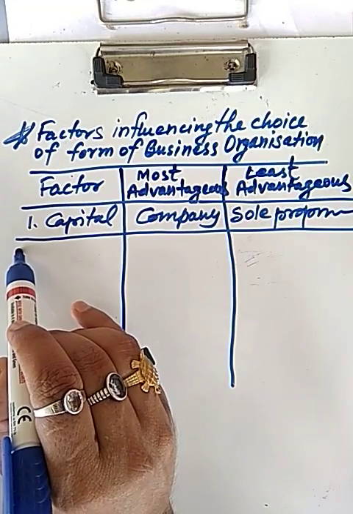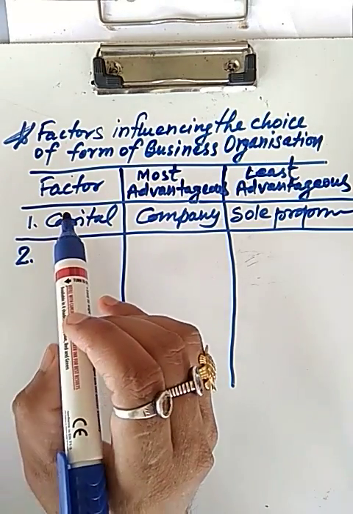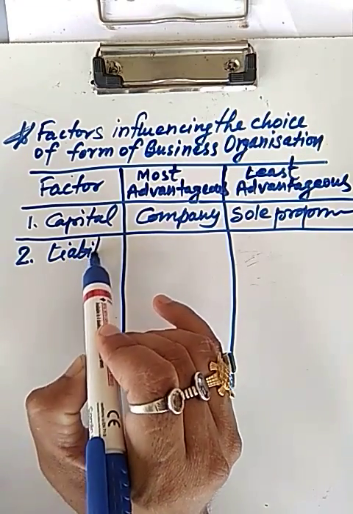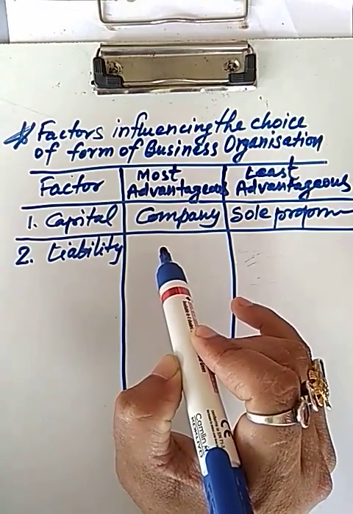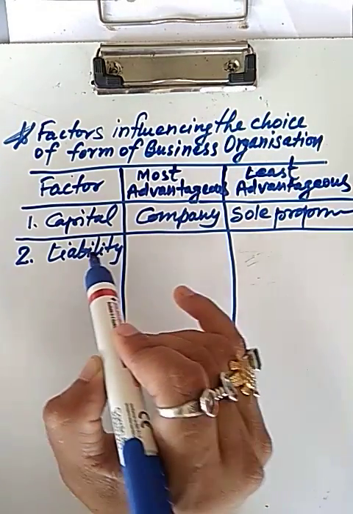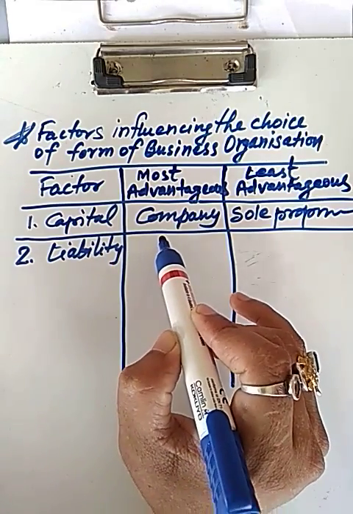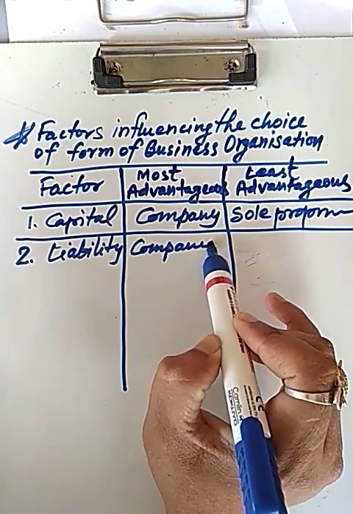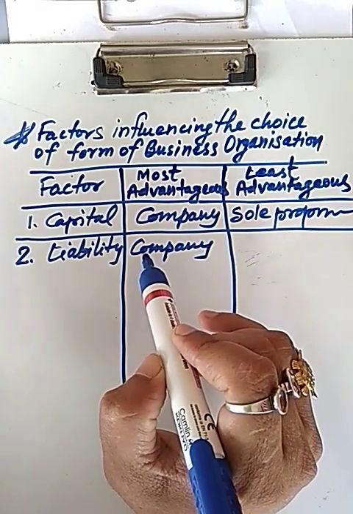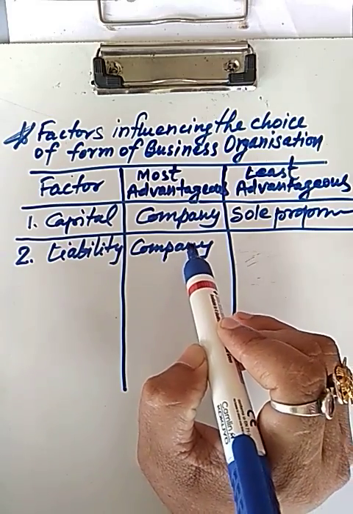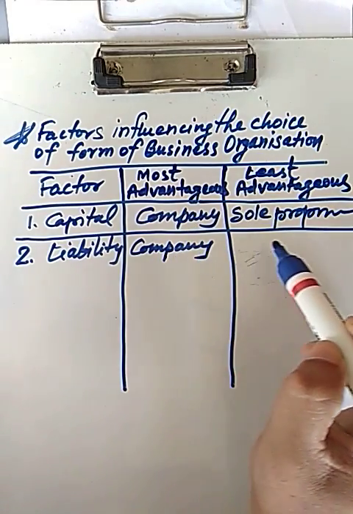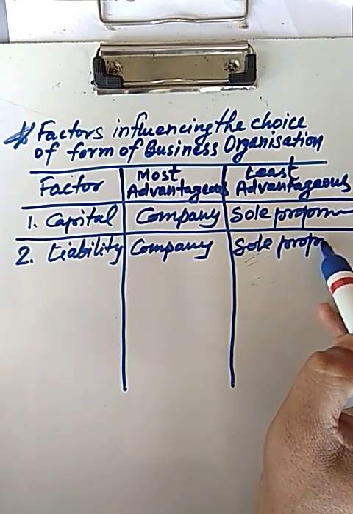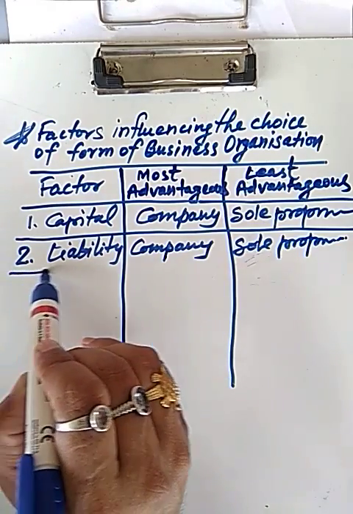Next, second, liability. In case of liability, also company form of organization will be most advantageous and sole proprietorship will be less advantageous.